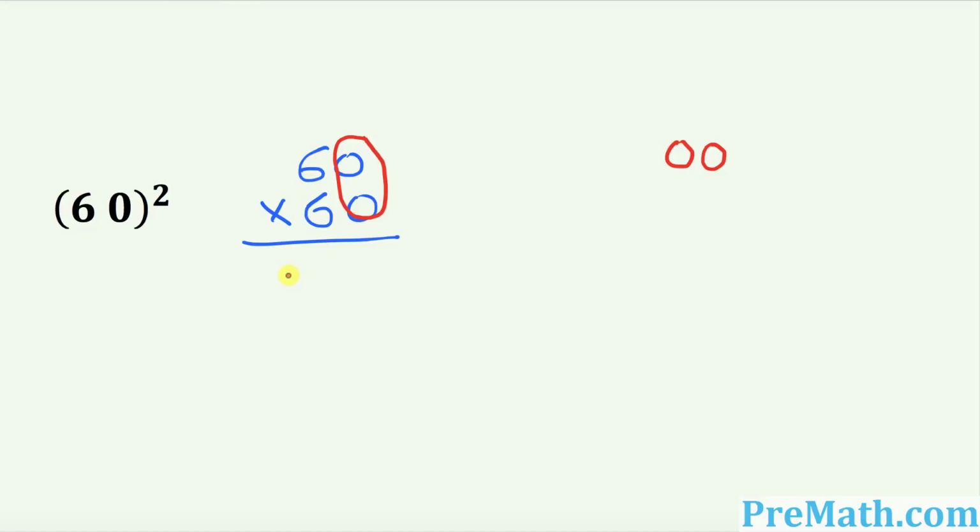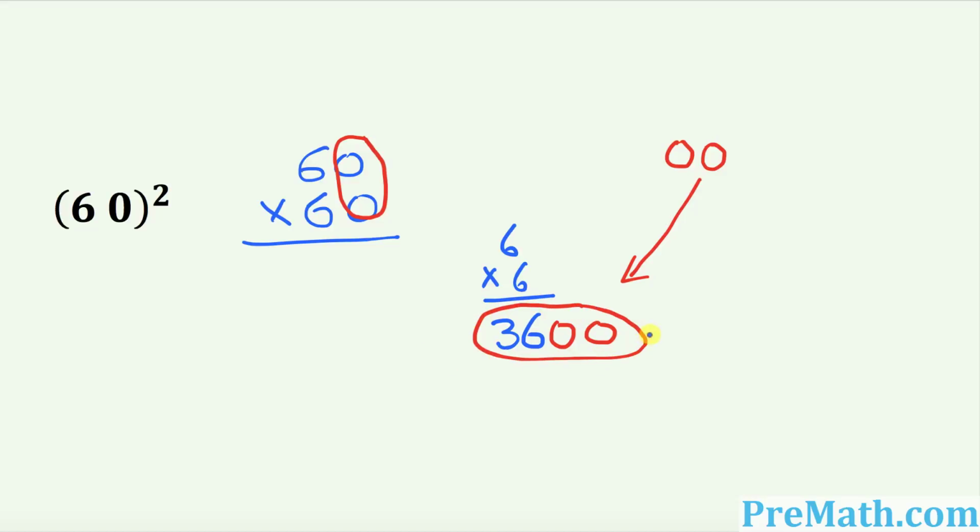Now we are simply left with 6 times 6, which is 36. Once you have taken care of that, put those two zeros back next to it. So your complete answer turns out to be 3600. Whenever you're dealing with zeros, that is a super easy way to do it.